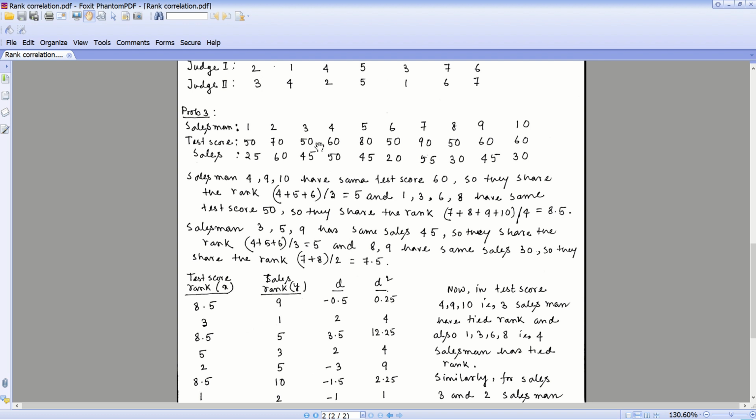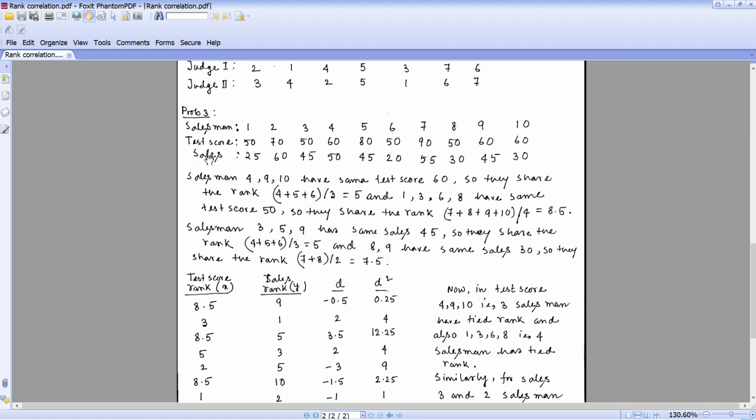There are four 50 values, in positions 7, 8, 9, 10. They are tied, so they will be added and divided by the total 4 values. So that is the value 8.5. That means salesmen 1, 3, 6 and 8 share the same rank, that is 8.5.